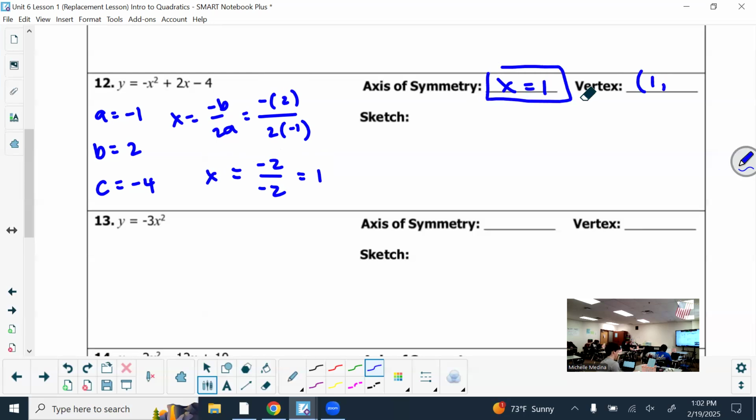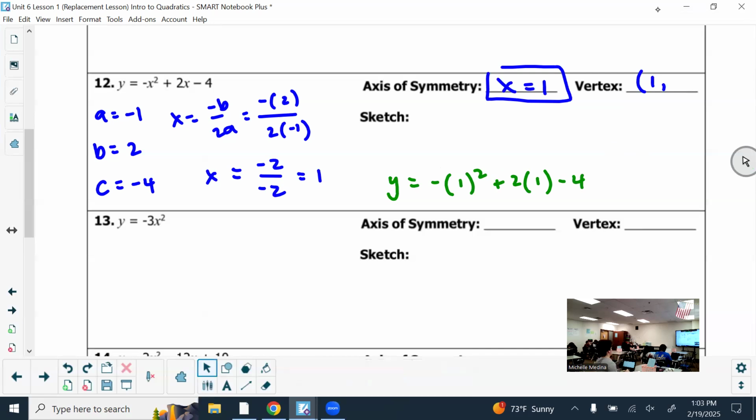The y of my vertex I get from plugging in that 1. So for work shown, all I'd expect you to have is this, showing that you plugged in a positive 1 for each x. And then just use your calculator for the rest.